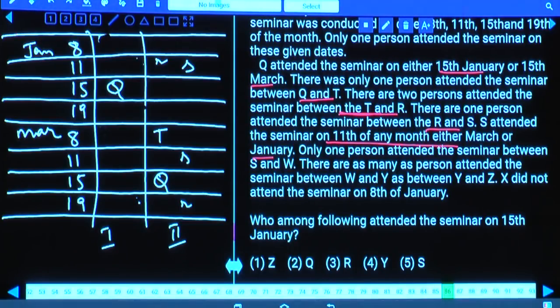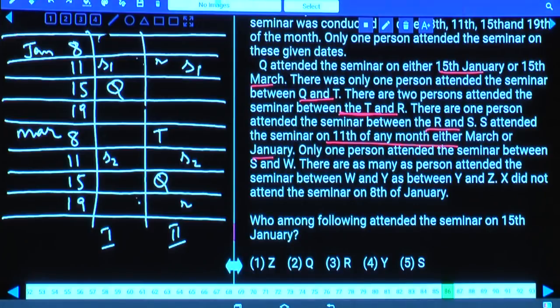S can be either 11th of Jan or 11th of March. Then if S is on the 11th Jan, S1, now let us take S on 11th of March. In this one also S1 Jan and S2 let us consider, because possibilities were more in this.